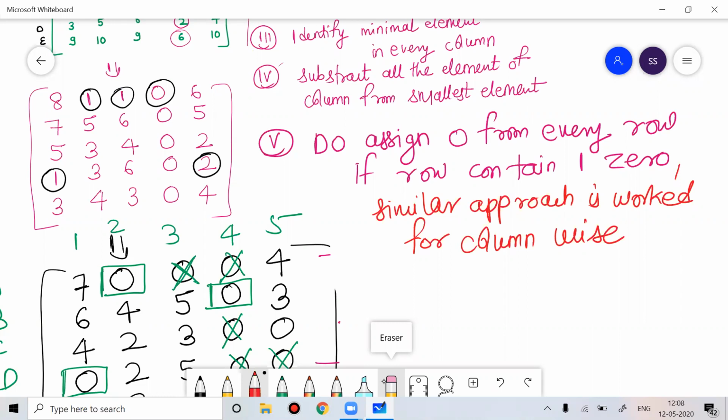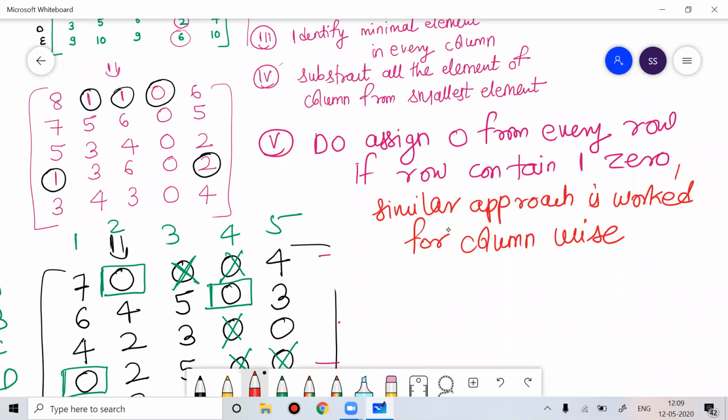Similarly, you saw column wise and you did assignment to that column which had only 1 zero. So like this you have to do row wise and column wise assignment.